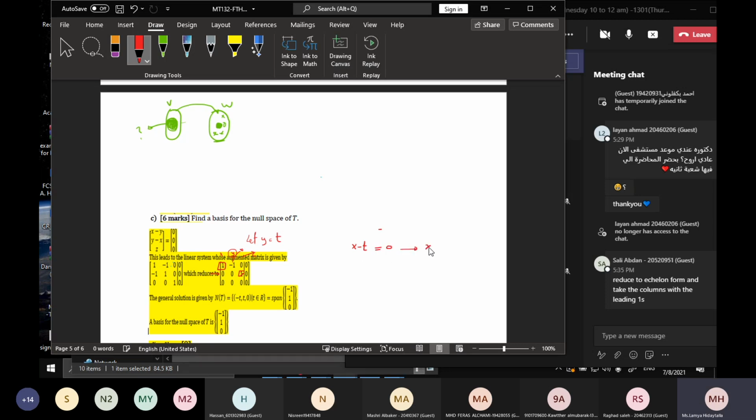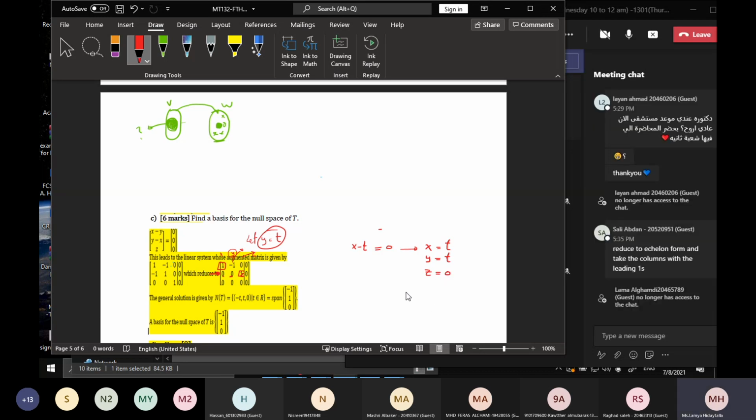That is x equals t, and then we had y equal to t. And lastly, what about z? From this equation, 0x plus 0y plus 1z, z equals 0.